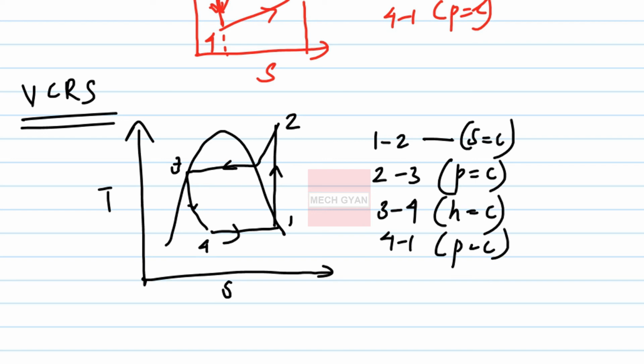So 1 to 2 is the compressor, 2 to 3 is the condenser, 3 to 4 is the expansion process, the expansion valve, and 4 to 1 is the evaporator.